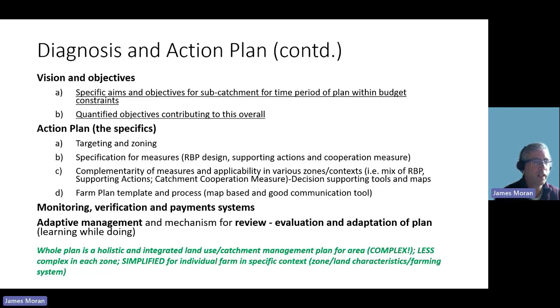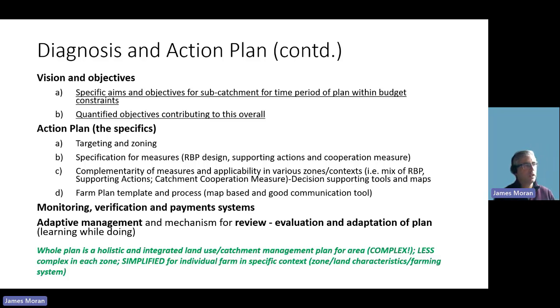So we have a clear vision and objectives in these areas, clear targeting and zoning specifications for measures that have been developed, and supporting actions and cooperation or landscape measures, and also the farm plan template. So how you basically distill all this down into a simplified map-based plan structure is essential for good communications.